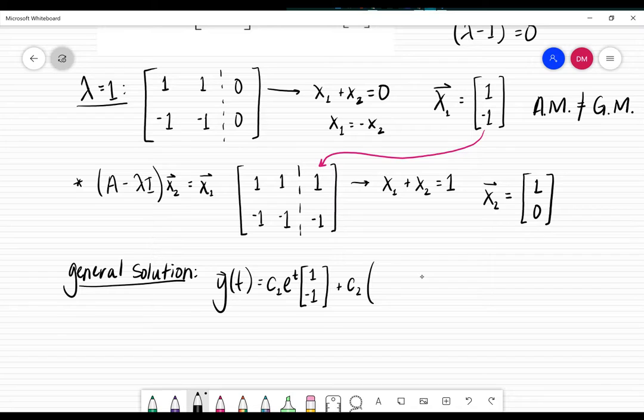Remember, we have repeated. We have to do that special thing for Y2. So I have to take t, e to the t, times that first eigenvector, 1, -1, plus e to the t times my eigenvector that I found for x2. So 1, 0 that I did there.